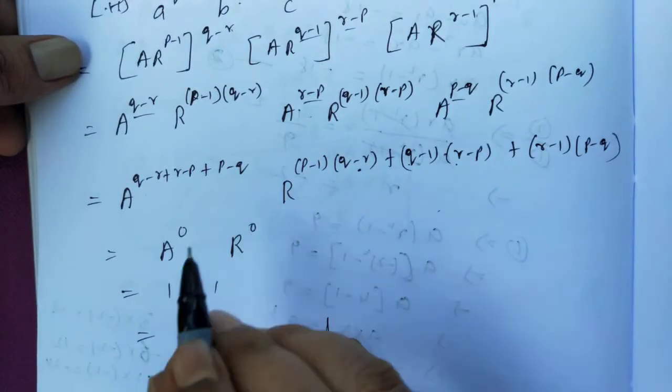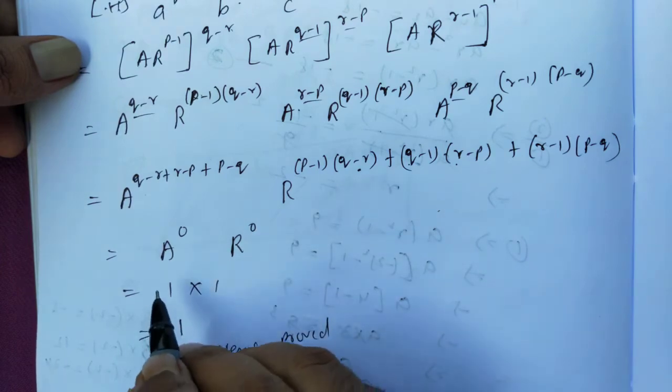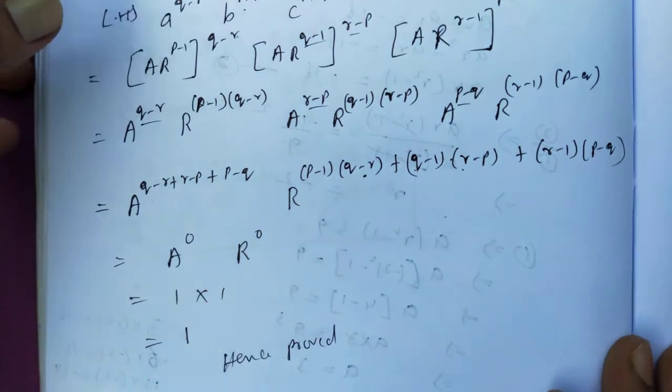Everything will get cancelled. Anything to the power 0 is 1. So 1 into 1 is 1. Hence proved.